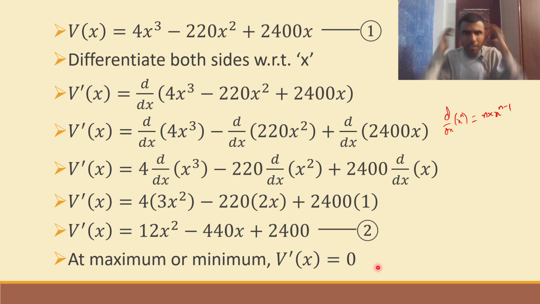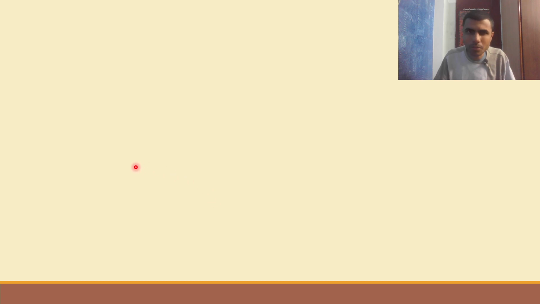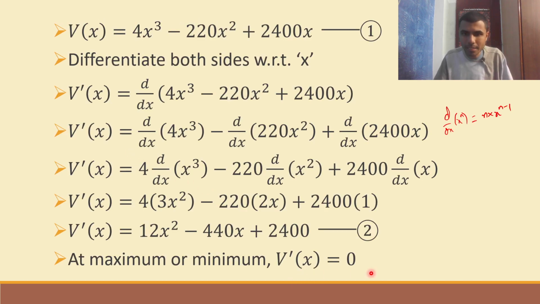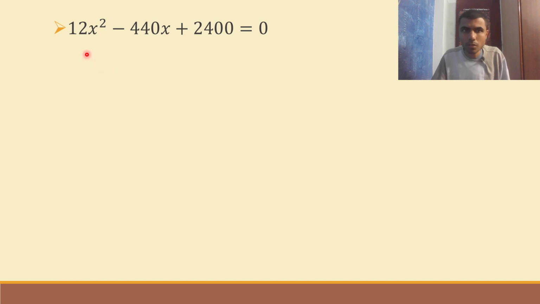Although I don't recommend just memorizing things, if it's close to the exam, we can't do anything. So v dash x is 0, that means this expression is 0: 12x square minus 440x plus 2400 is 0.